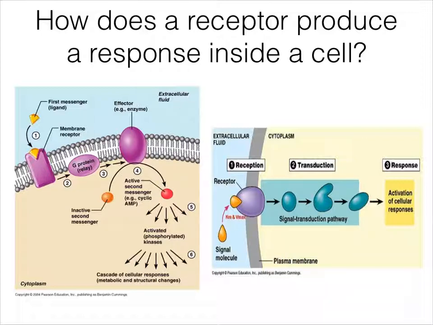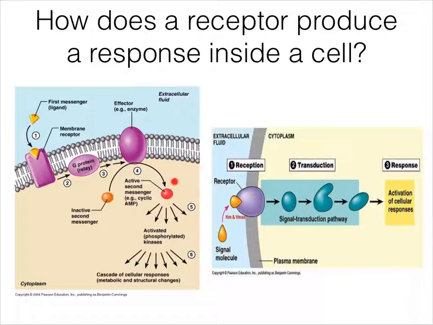The second messenger is what's going to carry that signal all throughout the inside of the cell. In this specific example, the second messenger is cyclic AMP, which almost never occurs by accident and is very unique looking, but it's also very easy to make from a very readily available molecule, ATP. All cells have ATP, so it's pretty easy to find some ATP that you can then convert into this very specific second messenger molecule.